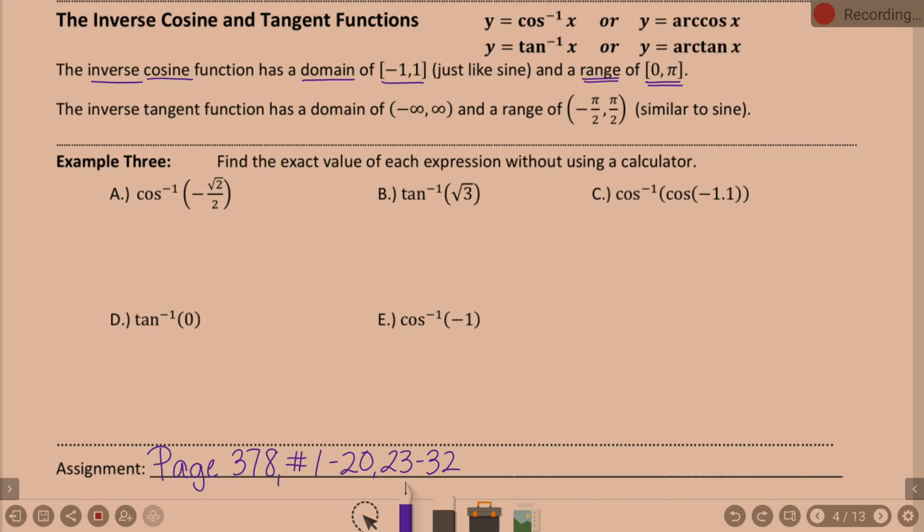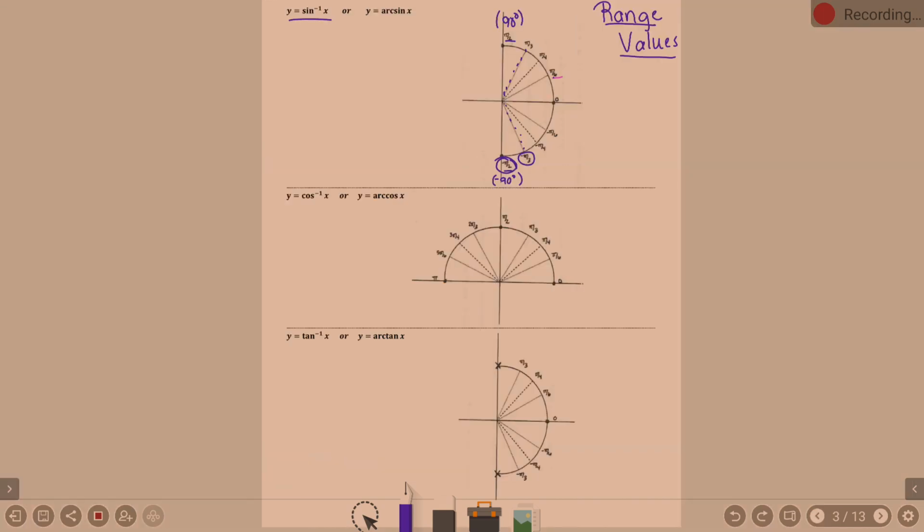You think about your quadrants. 0 to pi is the top 2 quadrants. So this is the big difference about arc cosine. Its output values have to be in quadrant 1 or 2. Not quadrants 1 and 4, but quadrants 1 and 2. So that's the big deal to watch out for there.